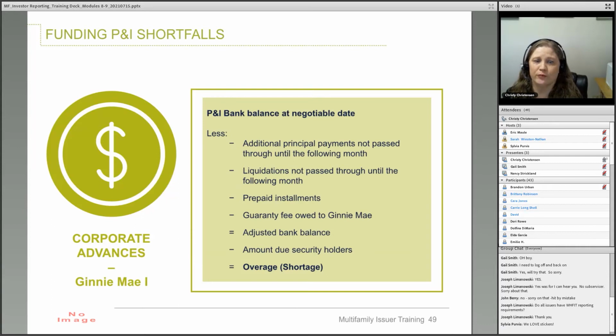To calculate corporate advances, take your P&I bank balance minus additional principal payments and liquidations not passed through until the following month, minus prepaid installments, minus guarantee fee, which gives the adjusted bank balance, then subtract the amount due to the security holders. If this number is positive, you have an overage, and if this number is negative, you have a shortage.